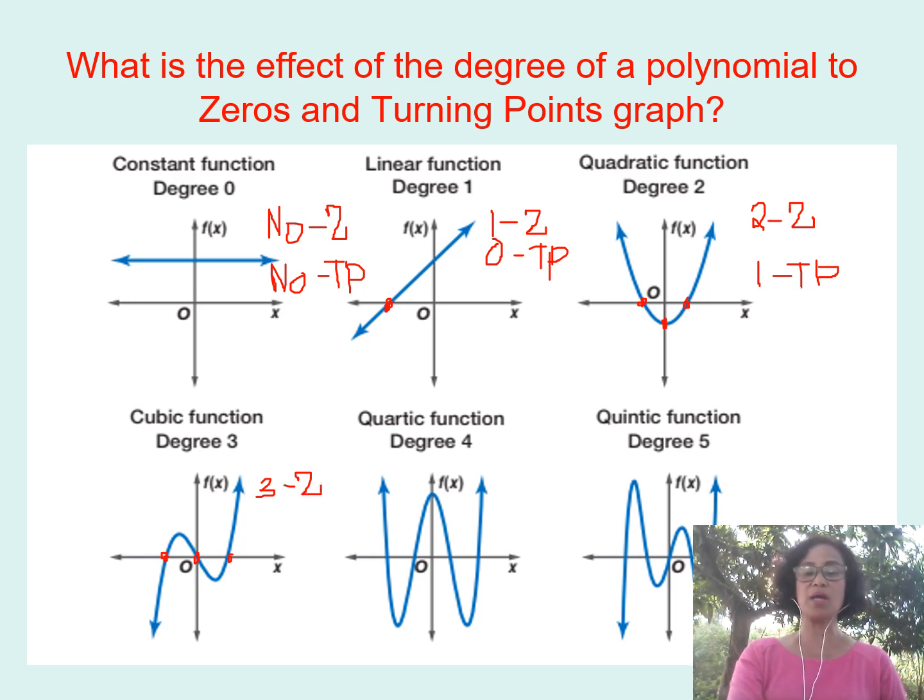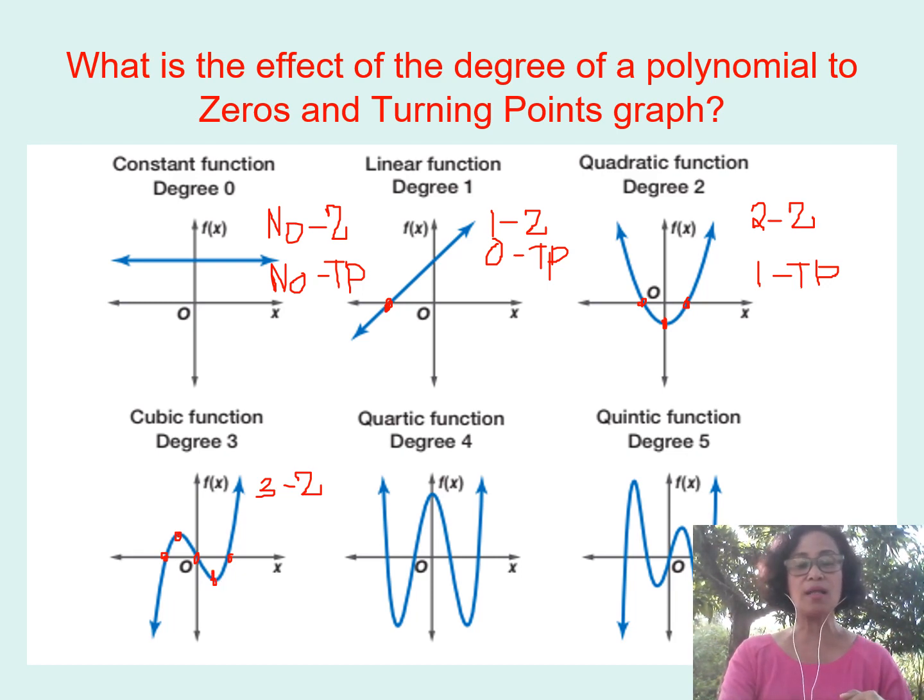Now, let's determine, does it have a turning point or does this graph contain more than 1 turning point? So, it started with a low point, then it rises or it increases. Then we have a turning point here. Then it went down. Then there's another turning point here.